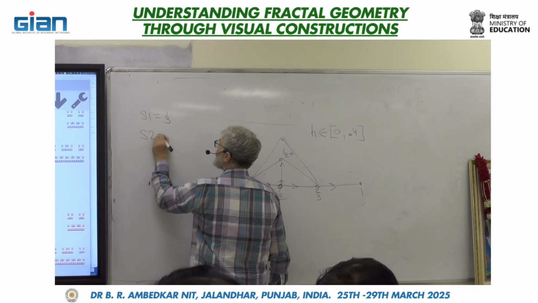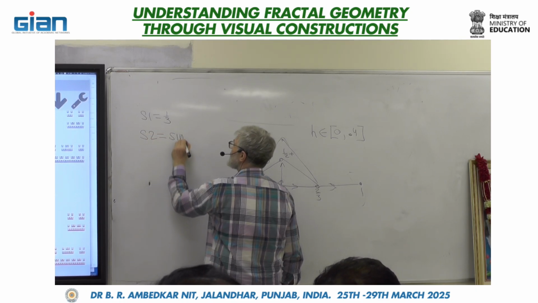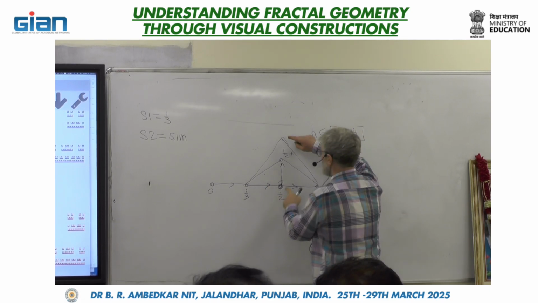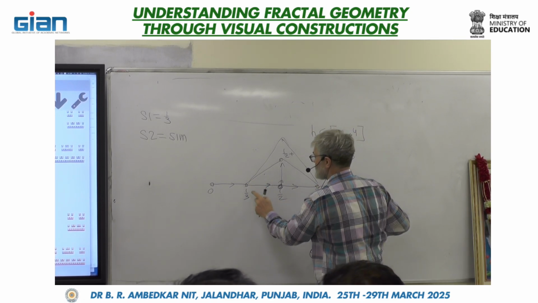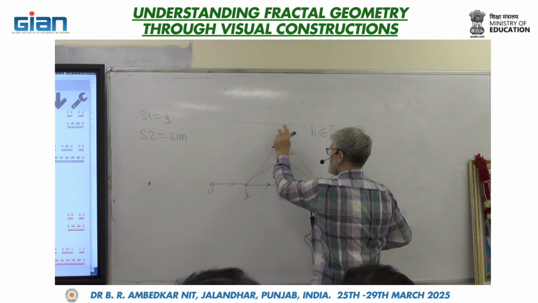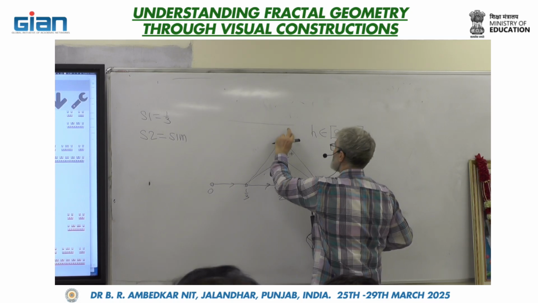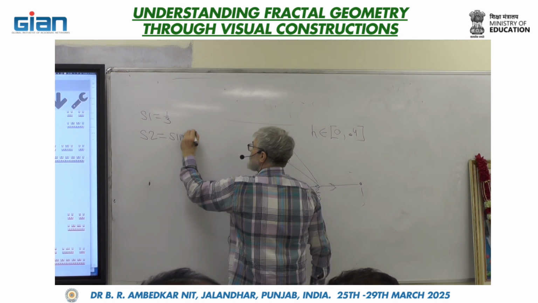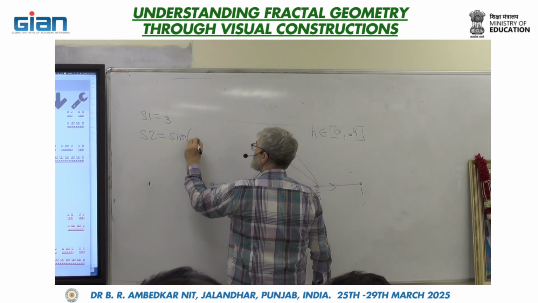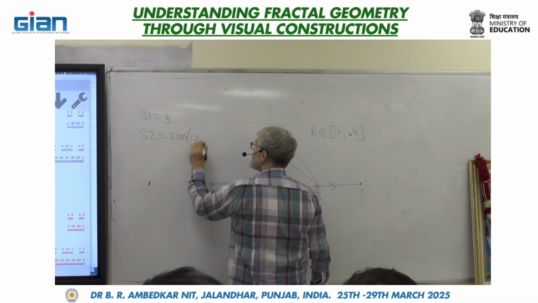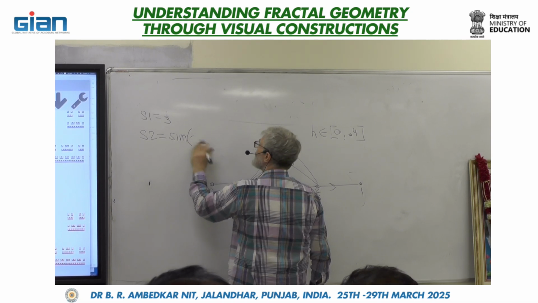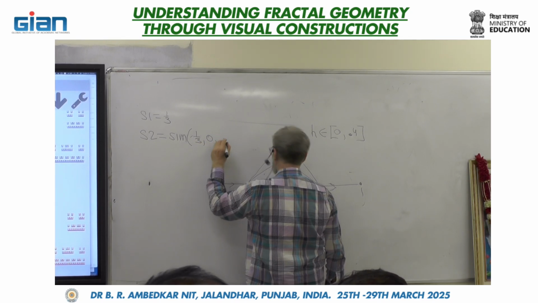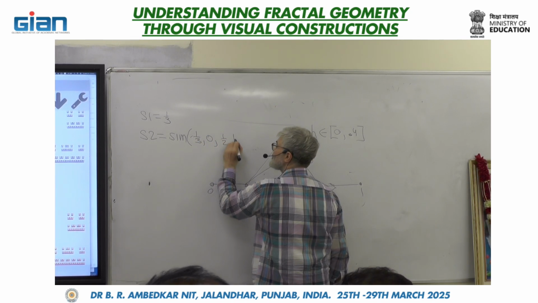S2 will be a map which sends 0, 1 to 1/3, 0 and 1/2, h. So it will be sim of 0, 1/3 0, 1/2 h.